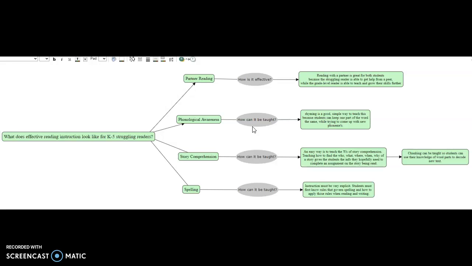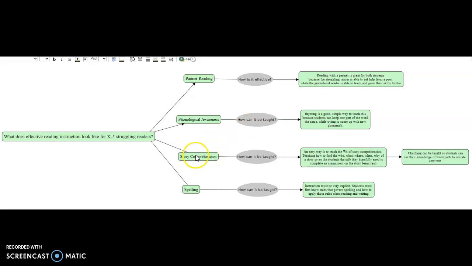It's a good, simple way to teach this because students can keep one part of the word, like if you're rhyming toy and boy, you can keep the O-Y, oi sound, and you can come up with new phonemes at the beginning of the word to try and create rhyming and increase your vocabulary that way. And then being aware of the phonological differences between toy and boy and how you would create those sounds.